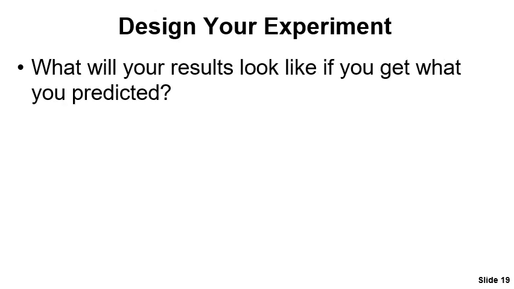The final thing you will need to do in your experimental design is explain what you think your results will look like if you get what you predicted, if your hypothesis is actually supported. You will need to know what type of graph is best to use and what that graph will look like.